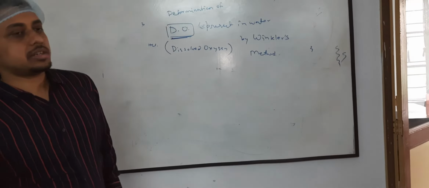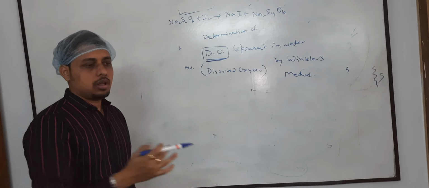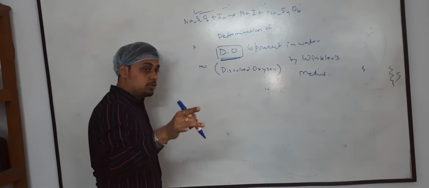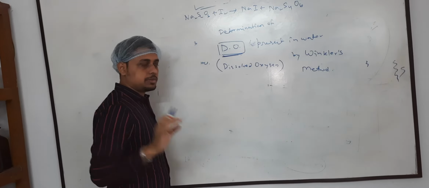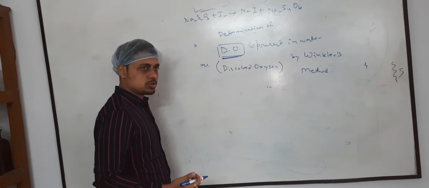As estimation of DO is a very critical process, we need to add a series of reagents to convert that DO into some measurable form. Look at the process. Initially we have taken a full amount of water. It may be tap water, it may be water from any different source.